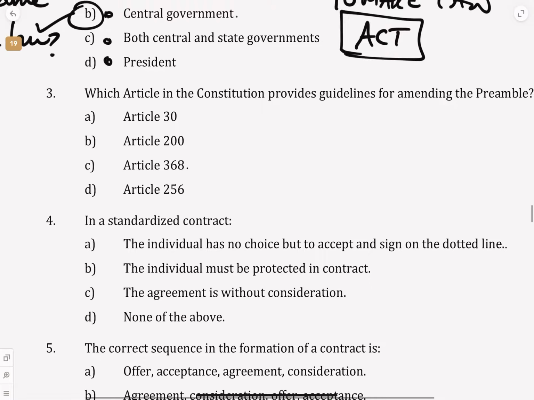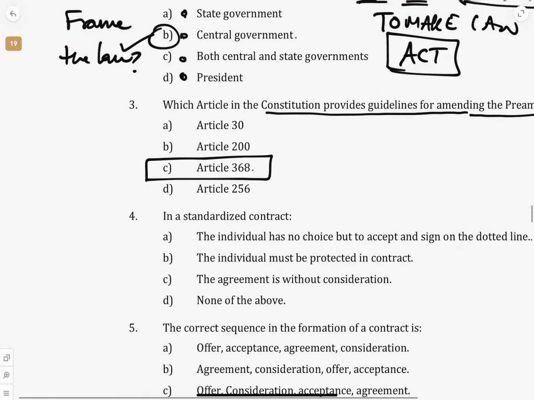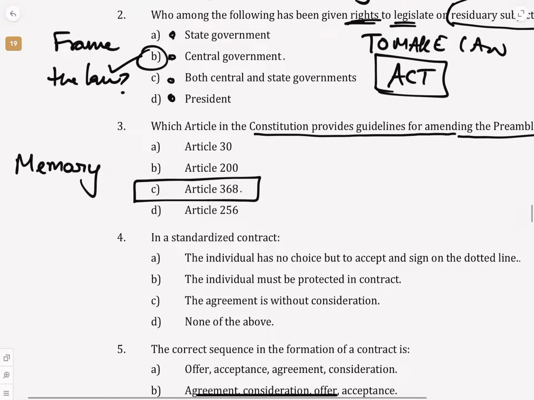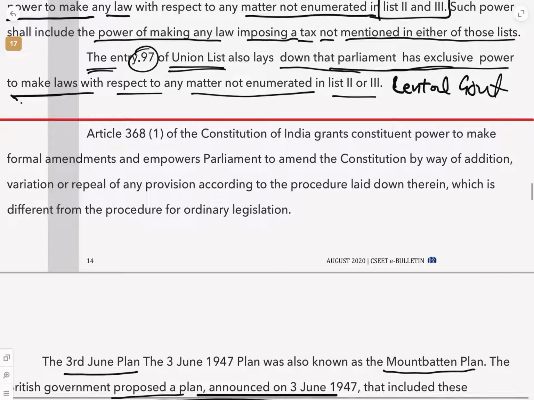Then question number 3. Which article of Constitution provides guidelines for amending the preamble? The answer is Article 368. Again, it is a memory test, but let's see what 368 is. The Constitution of India, Article 368, grants constituent power to make formal amendments.